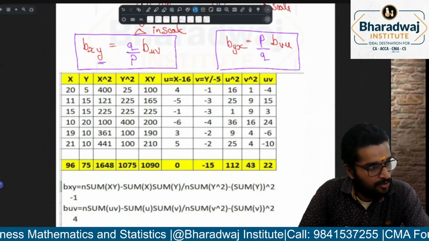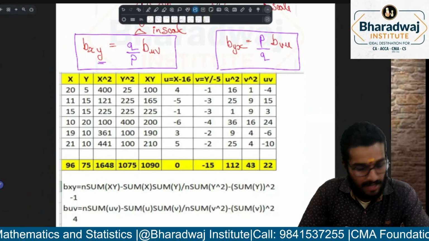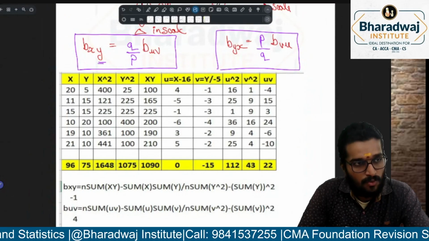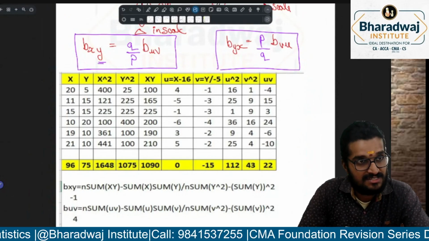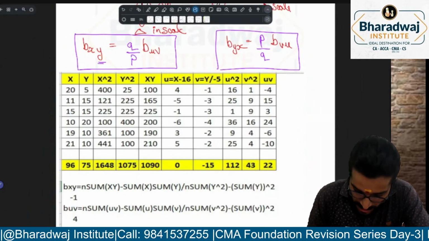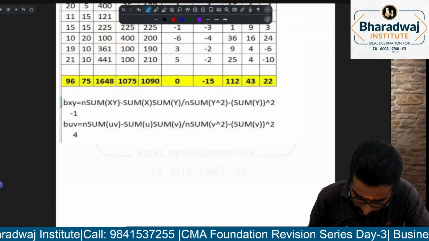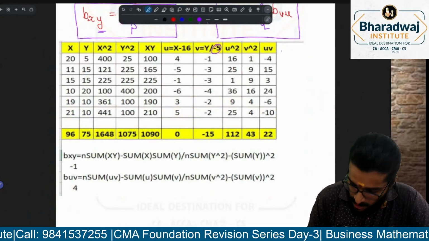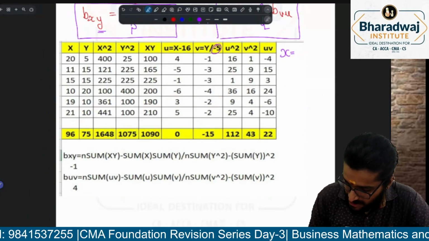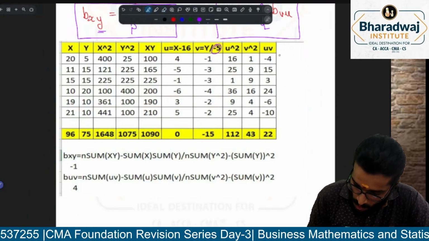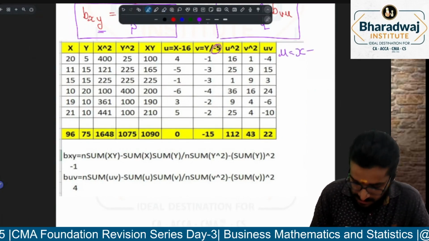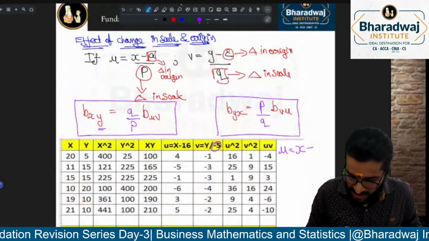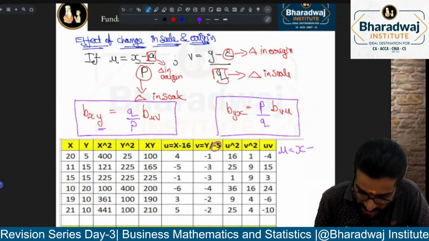Similarly, I have converted x into u in terms of change in origin, and I have converted y into v in terms of change in scale, that too with negative magnification. Here u should be written as x minus a by p.